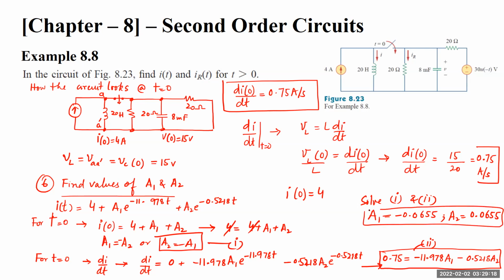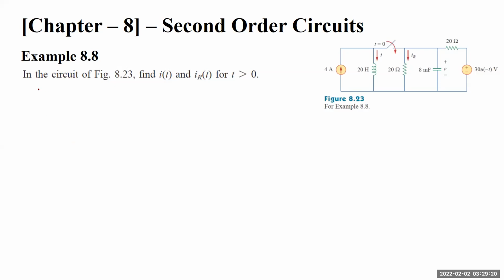Okay, so now our overall result i(t) will look something like this. i(t) = 4 + A1 e^(-11.978t) + A2 e^(-0.5218t). A1 comes with a minus sign, so I can write it as minus 0.0655 e^(-11.978t) plus 0.0655 e^(-0.5218t).